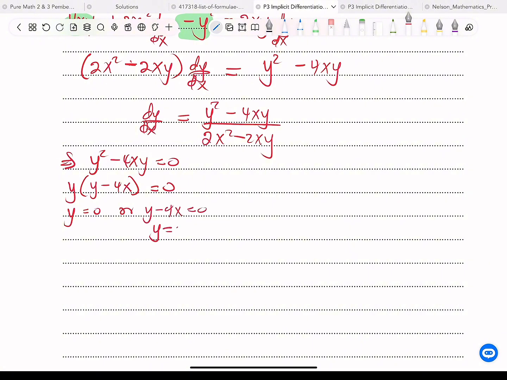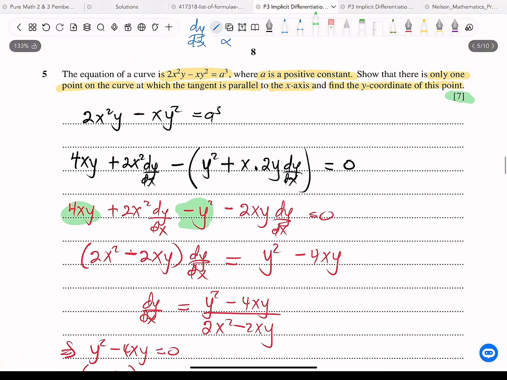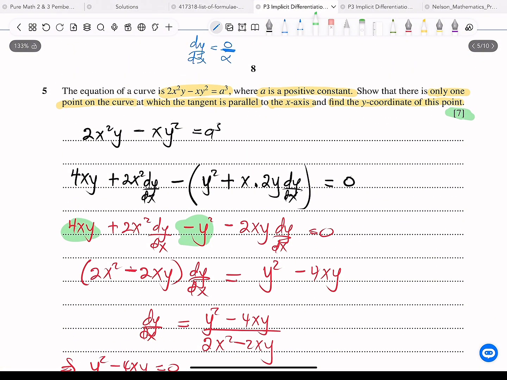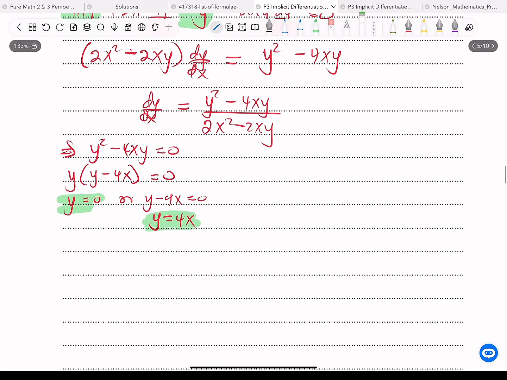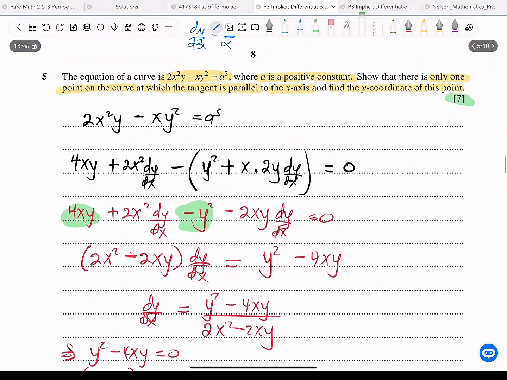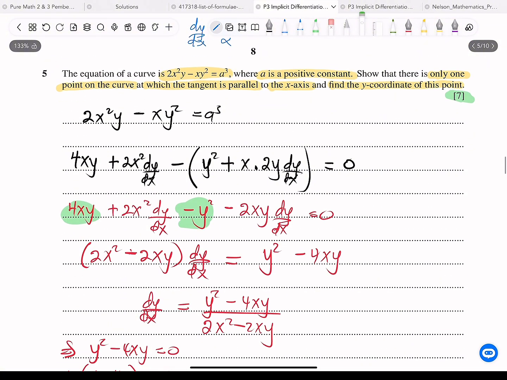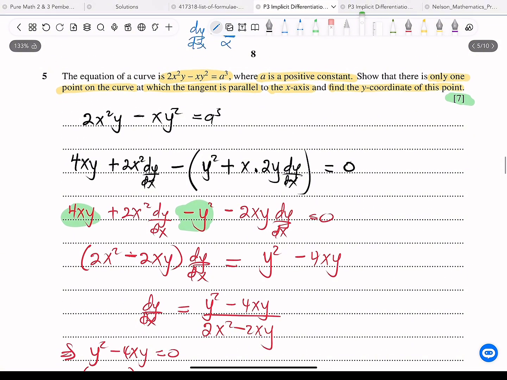So y is equal to 4x. So we have two equations that we are about to work with, the main equation. But then the question says, show that there's only one what? Right here. It says, show that there's only one point on the curve. So one of them, either this or that, will be rejected. We don't know which, but let's see. If we accept both, then we are wrong because we want to argue that only one point.